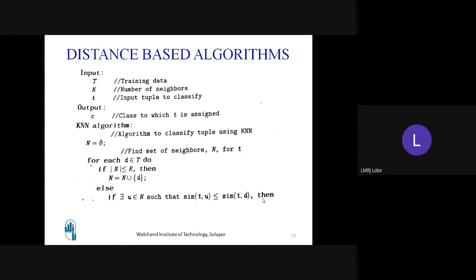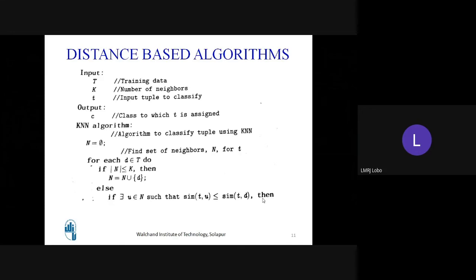So we have the k nearest neighbor algorithm working on this particular distance, and when the distance is less than or equal to that of the particular neighbor, we are going to consider those k nodes as our neighbors.